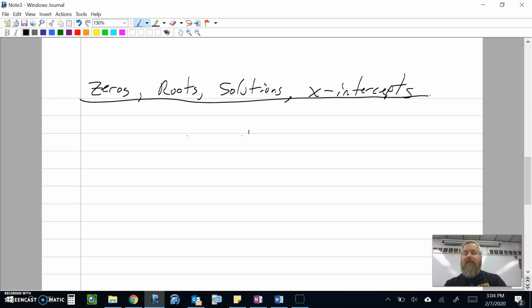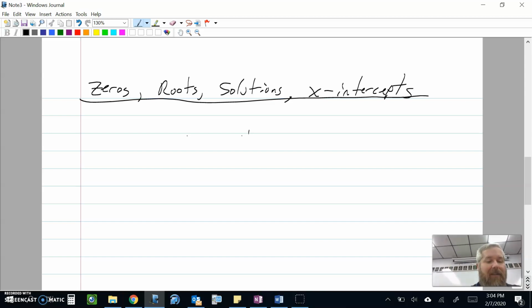Zeros, roots, solutions, and x-intercepts. Here's the thing, y'all. All of these things mean the same thing. X-intercepts are solutions. X-intercepts are roots. X-intercepts are zeros when we're talking about quadratics. I'm going to use those words interchangeably. So just heads up on that.